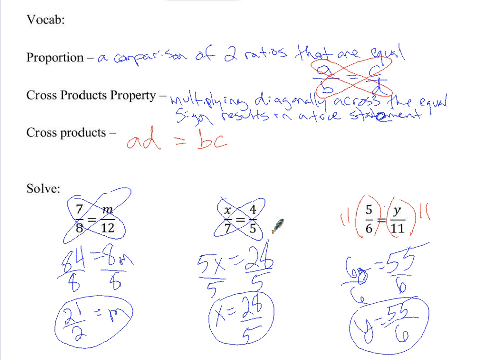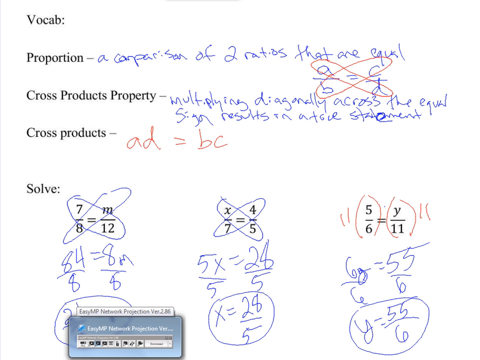Multiply both sides times 7. When I do that, I have 4 times 7, which is 28 over 5. Over here, I want to get m by itself. What do I do? Multiply both sides by 12. When I do that, I get 12 times 7, which is 84 over 8, and then I had to reduce that. So yes, you can do that, okay?